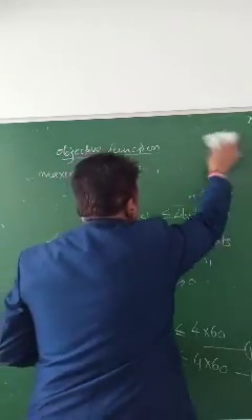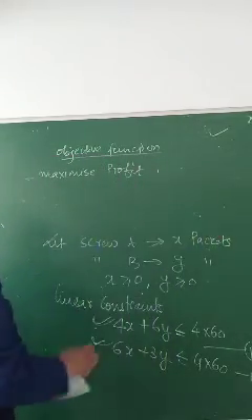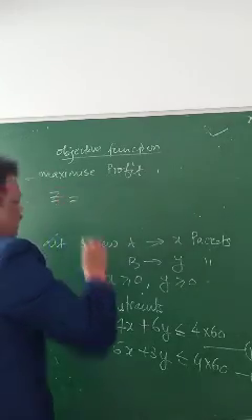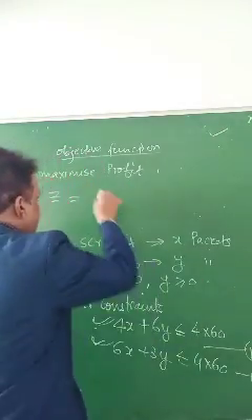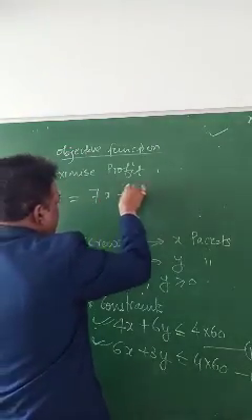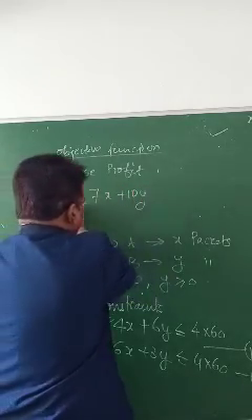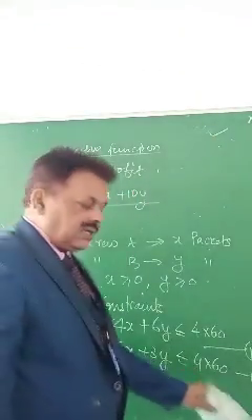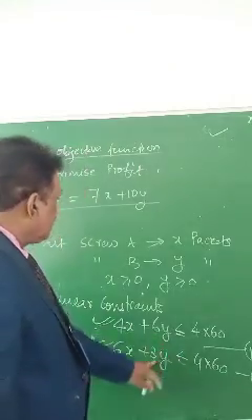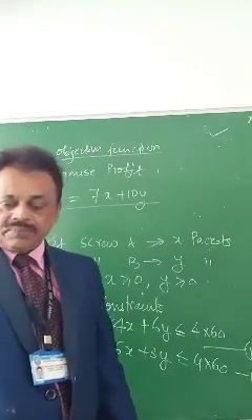How much? Now Z will be, one packet is 7 rupees, so 7x plus 10y. Okay, so solve it graphically, find the values of x and y, put them here, and find the maximum profit.